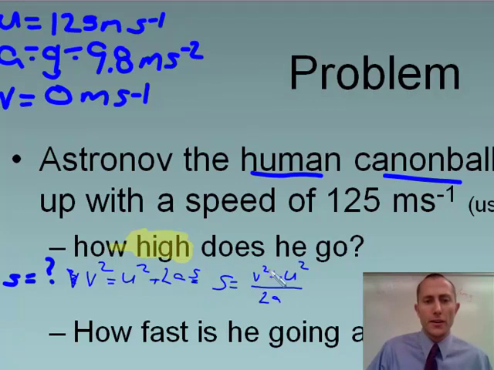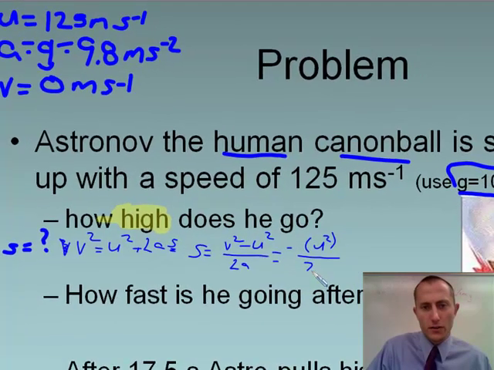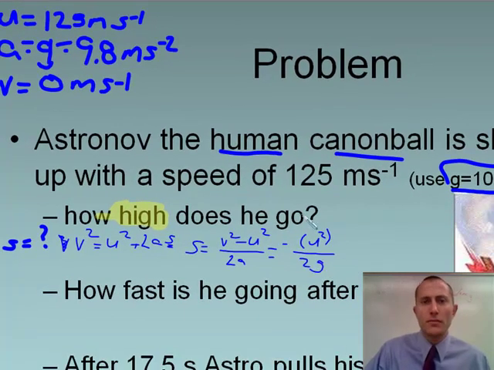Our v squared is 0. So we're going to get a negative u squared over 2 times g, which is going to, now we have an equation for displacement in terms of the variables that we know, u squared and 2g.